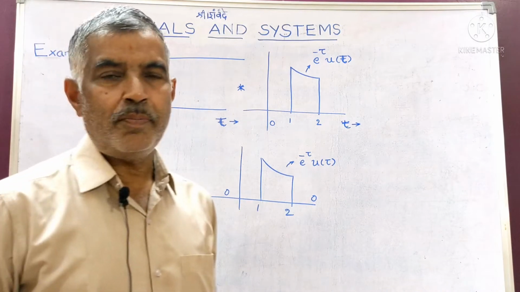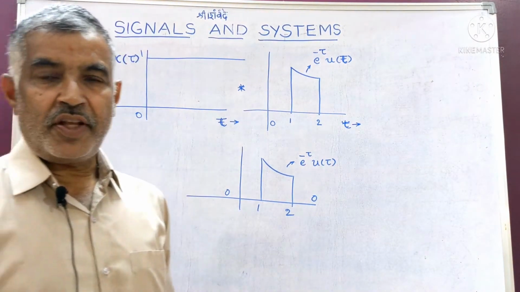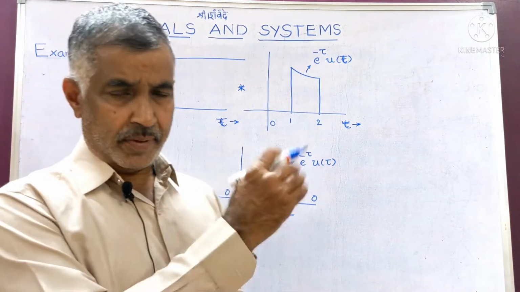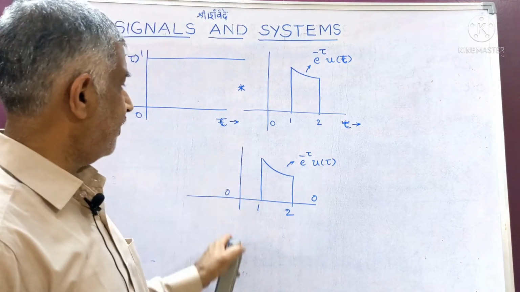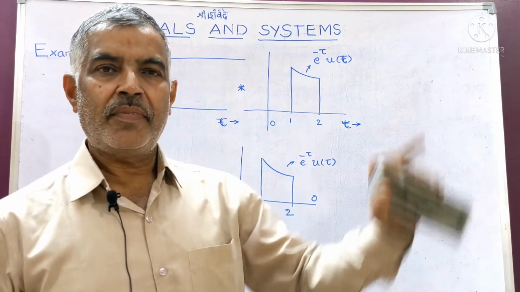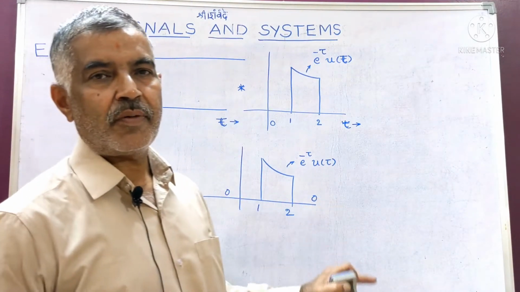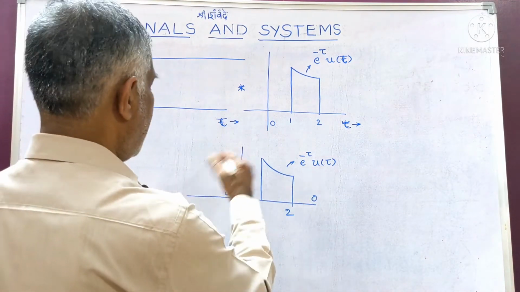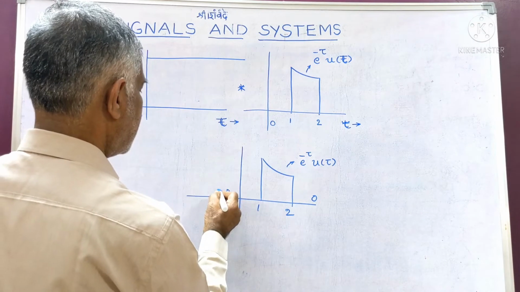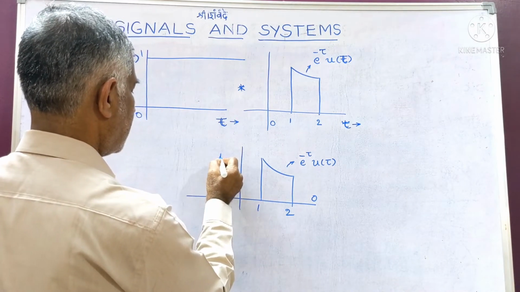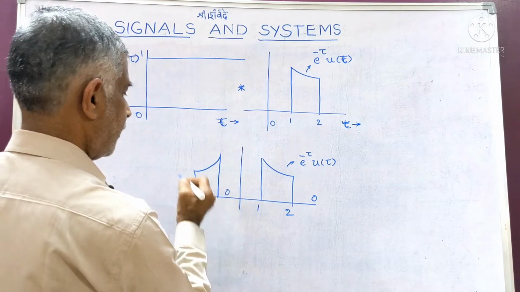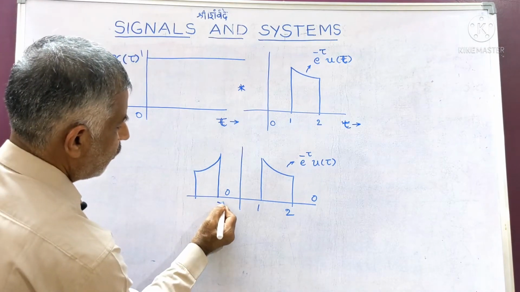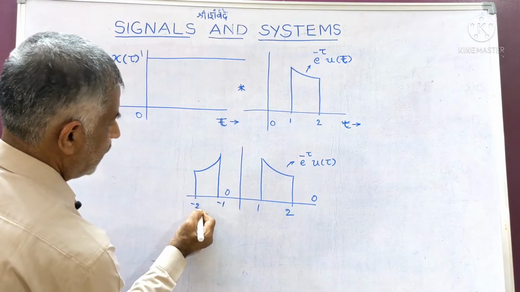As usual, to create h of t minus tau, take the mirror image about this axis and push this waveform by t units. Now if you take the mirror waveform of this, it becomes minus 1, minus 2.